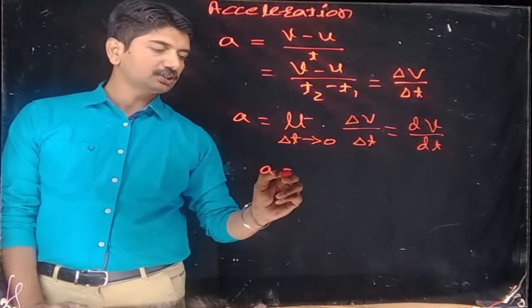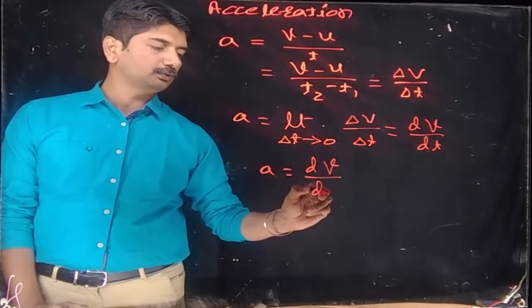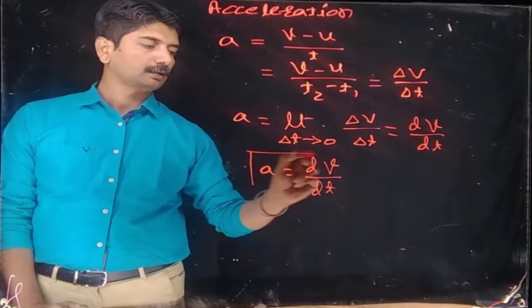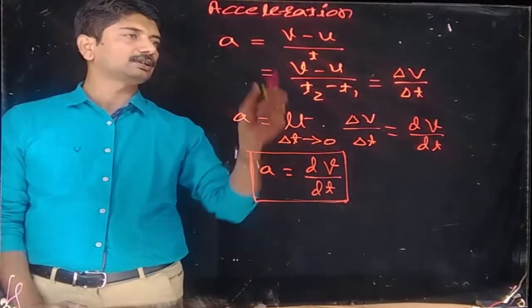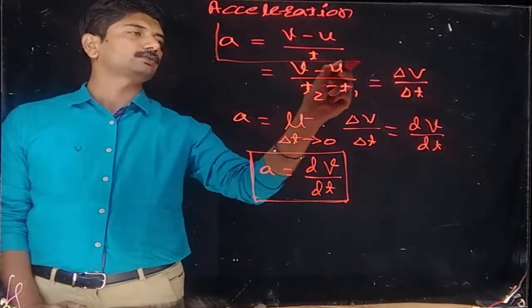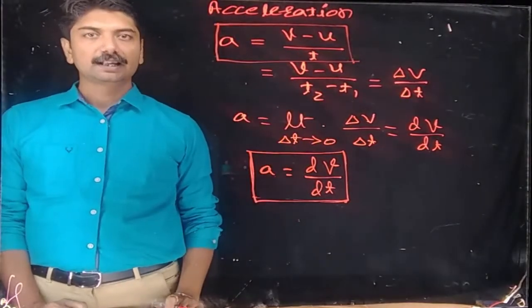Means acceleration is equal to the rate of change of velocity with respect to time. This is the formula for acceleration, and this is also the formula for acceleration. We can use both formulas.